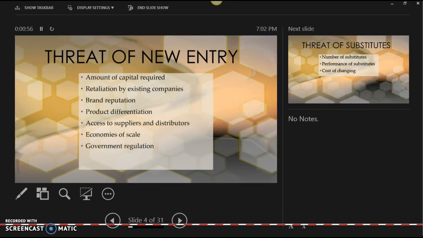So, just to break down the different factors, for threat of new entry, I left the ones on here that I felt applied to Maker's Mart: the amount of capital required, retaliation by existing companies, brand reputation, product differentiation, access to suppliers and distributors, economies of scale, and government regulation.